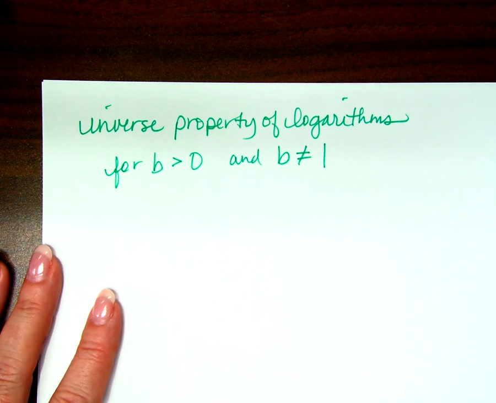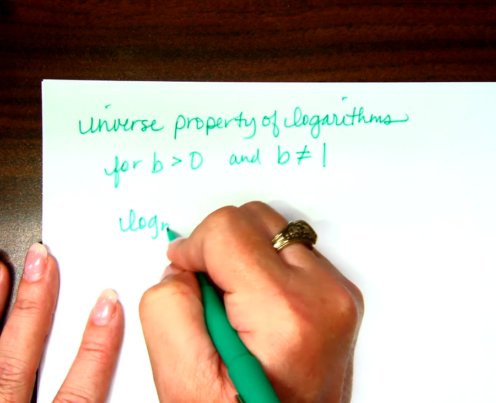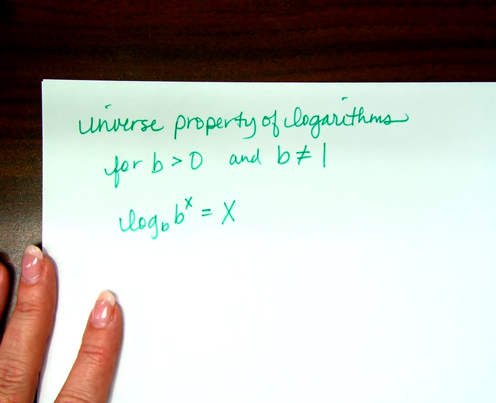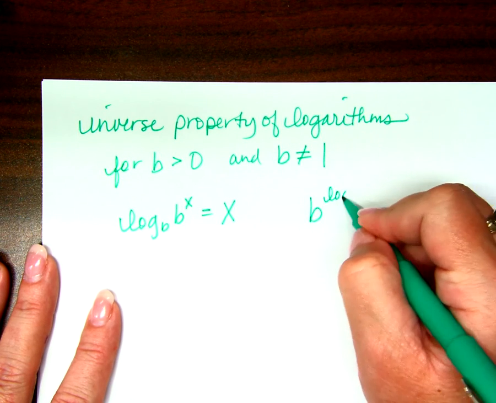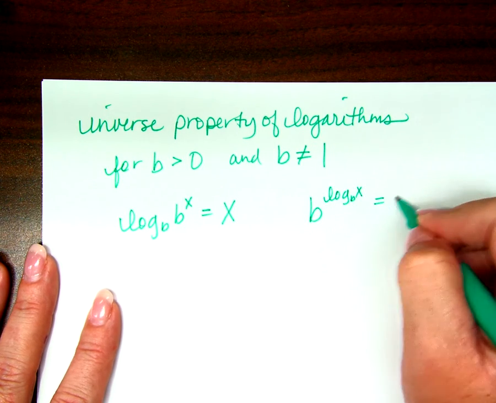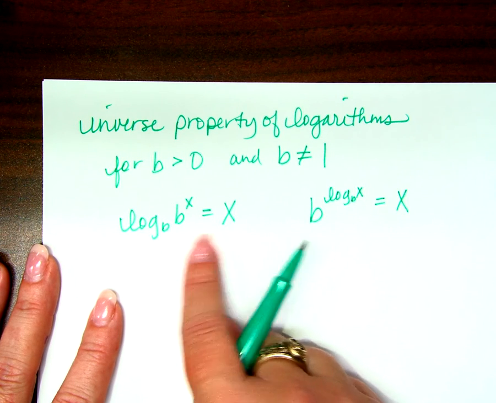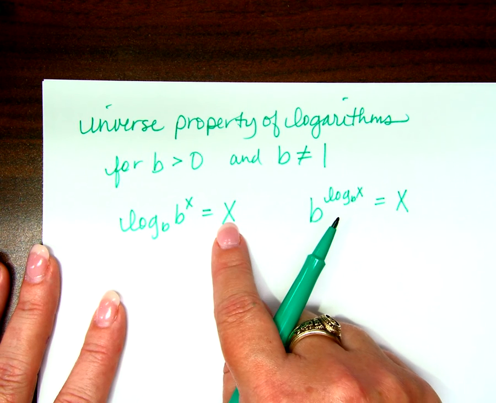So it has to be greater than 0, but not 1. Log base b of b to the x equals x. Also, b to the log base b of x equals x. Well, this one's pretty obvious, right? Why this is true? Because b to whatever power is going to be b to the x, so that whatever power is going to have to equal x.